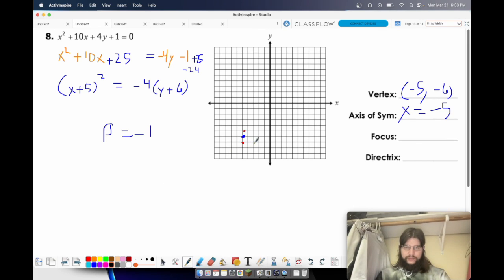Oops. And sketch the graph. Arg. And there we go, good enough. This is the directrix.